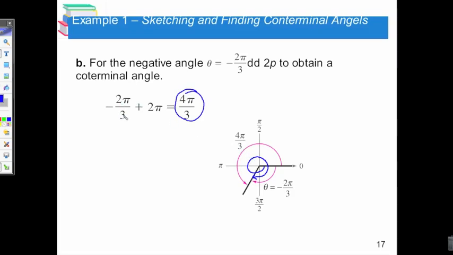So anyway, let's go into the math of it. I'm going to add 2 pi, which means I need a common denominator that's going to make 3's on the bottom. It's going to make this a 6. Negative 2 plus 6 is 4. 4 pi over 3 is my positive solution to the coterminal angle of the given angle, theta.